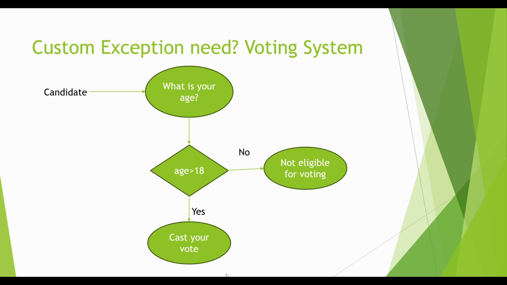So when we validate this, if his age is less than 18, I want to throw an exception. But this kind of exception does not exist in the system. So for these kinds of purposes, we need to develop our own custom exceptions to give some relevant message.